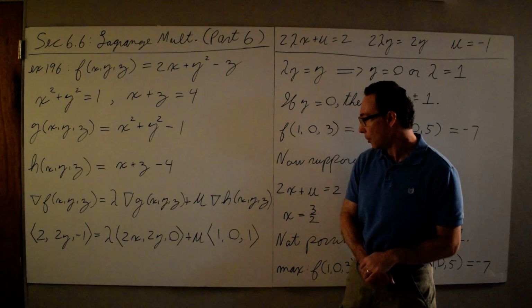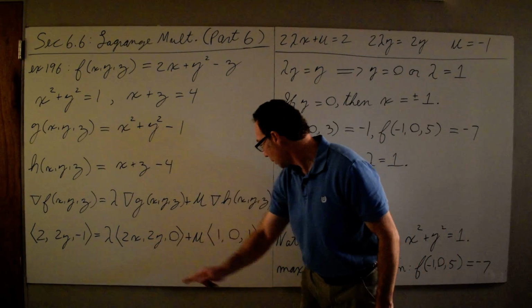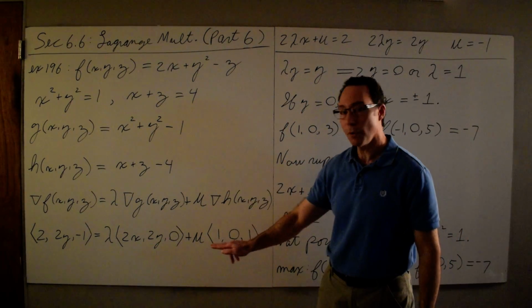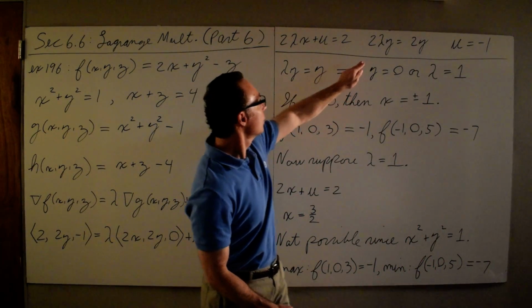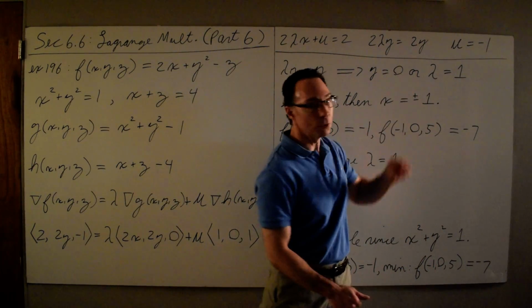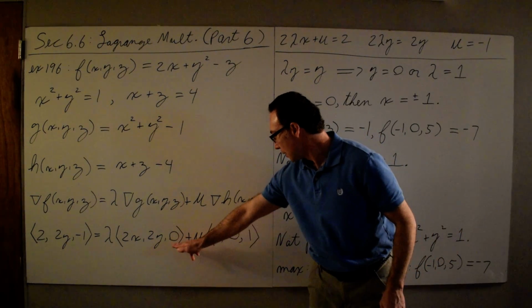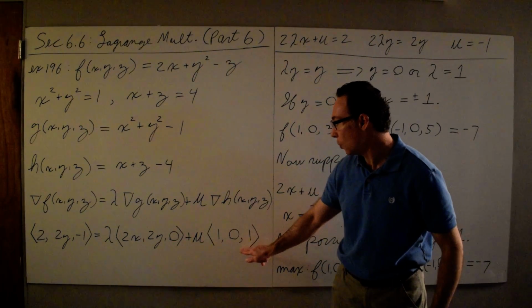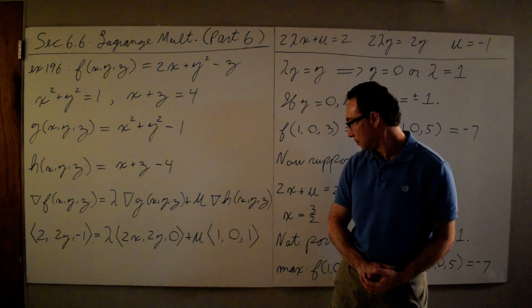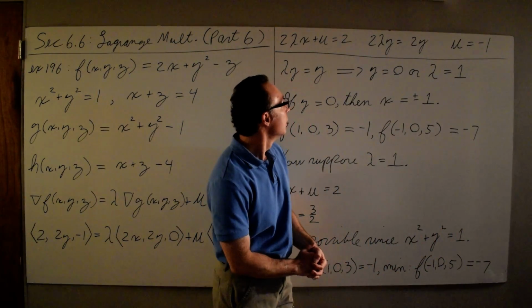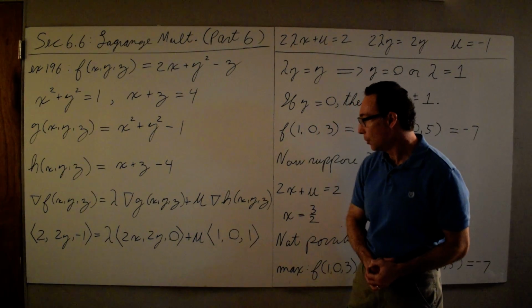From the second component, we have 2 lambda y plus 0 is 2y. So we have 2 lambda y is equal to 2y. From the third component, we see that 0 plus mu is negative 1. And so mu is equal to negative 1.